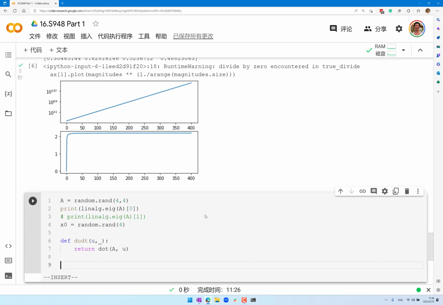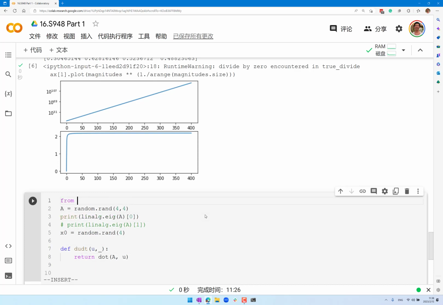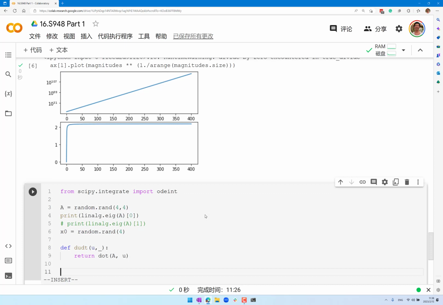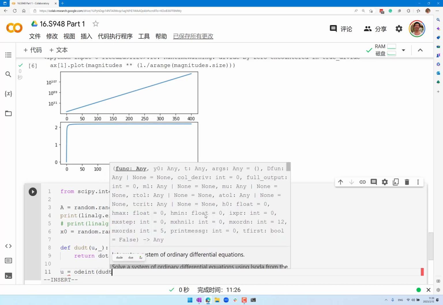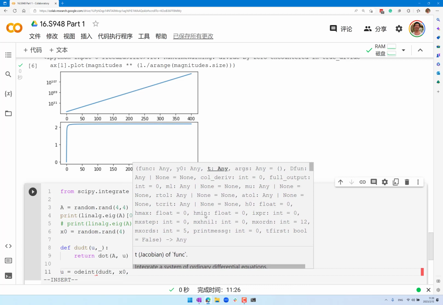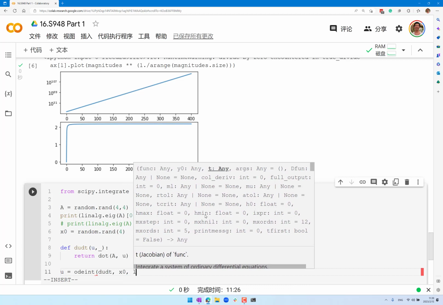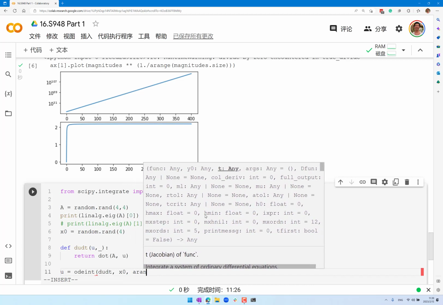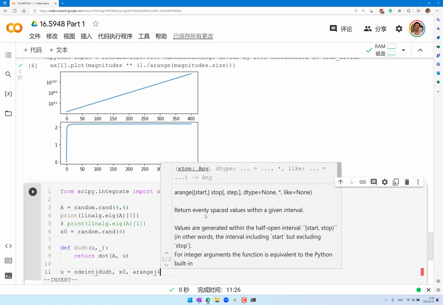Okay, and say from scipy.integrate import odeint, and I'm going to say u is equal to odeint of du/dt, and my initial condition is x0, and let's do a range of 400.